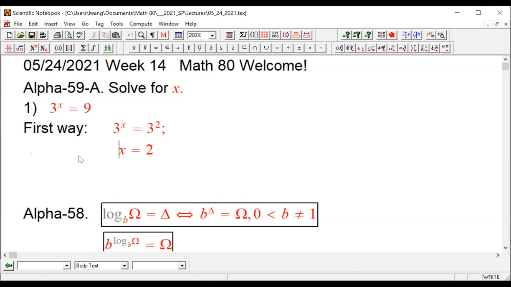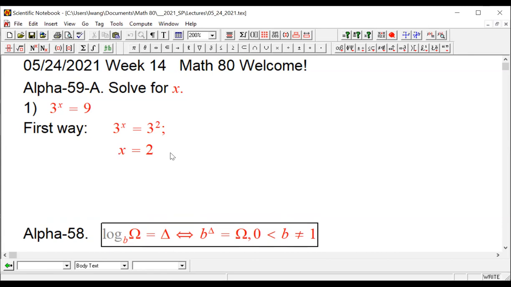And this same technique can be used to solve all the questions from number 1 through number 12.